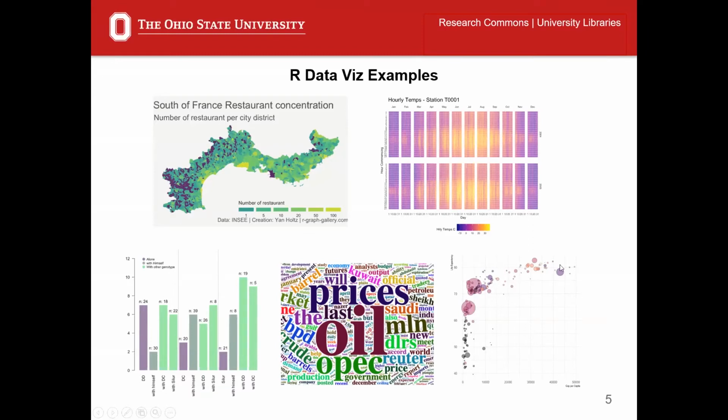You can do these bubble charts. You can do text frequency or text bubbles, these types of things. So there's really a wide diversity of visualizations that you can create, and you're not really limited too much in terms of what your visualization looks like and what you can do with it.